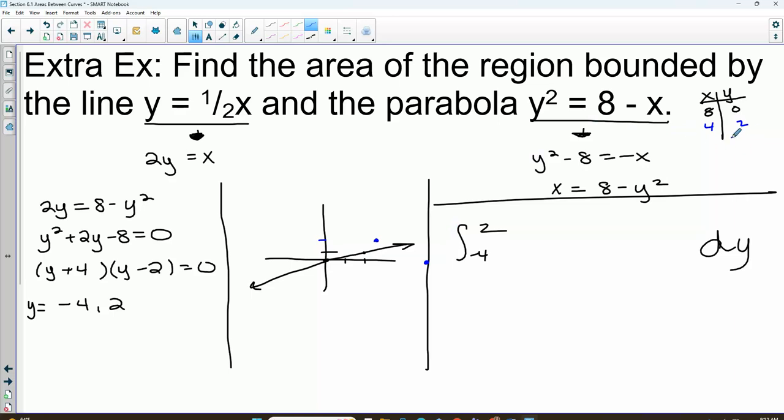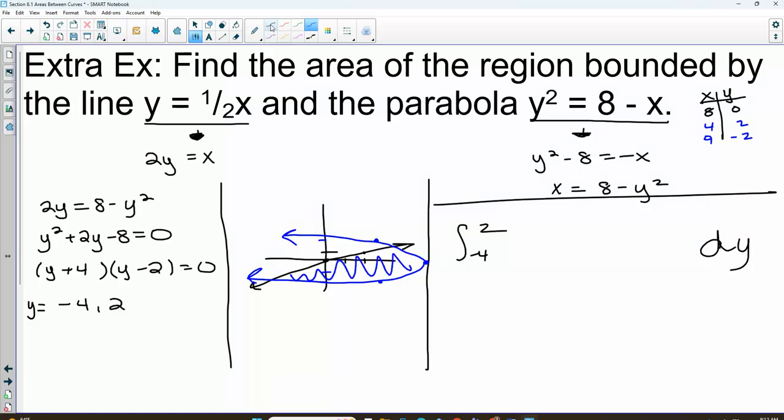If I put in a -2 for my y, -2 squared is 4, 8 minus 4 is 4. And that's really enough for me to kind of see this is a parabola going that way. So I'm finding this area in between.